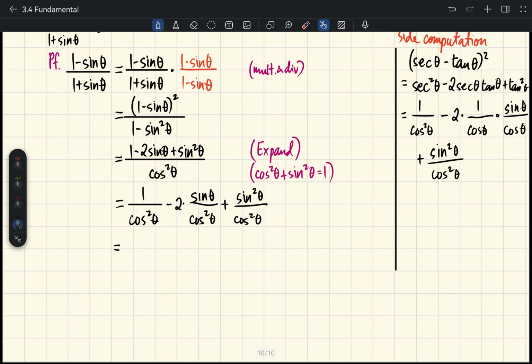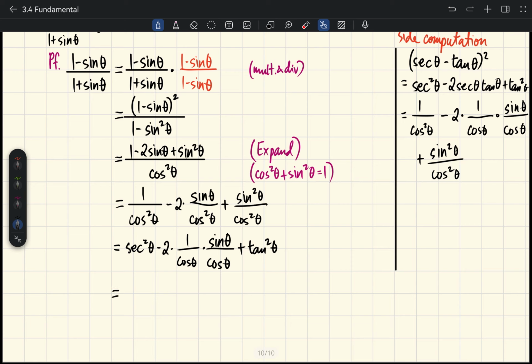The first term becomes secant squared theta. Then you have minus 2 times, by this one, we split it in this manner. So 2 times 1 over cosine theta times sine theta over cosine theta, plus sine squared theta over cosine squared theta is just tangent squared theta.